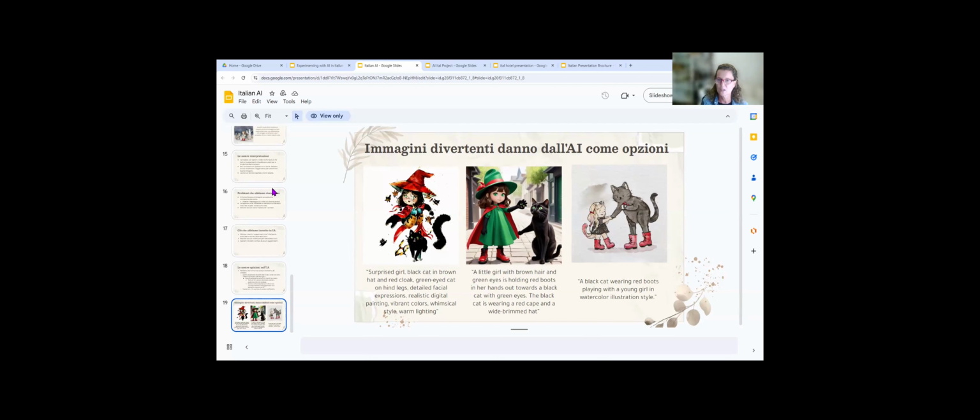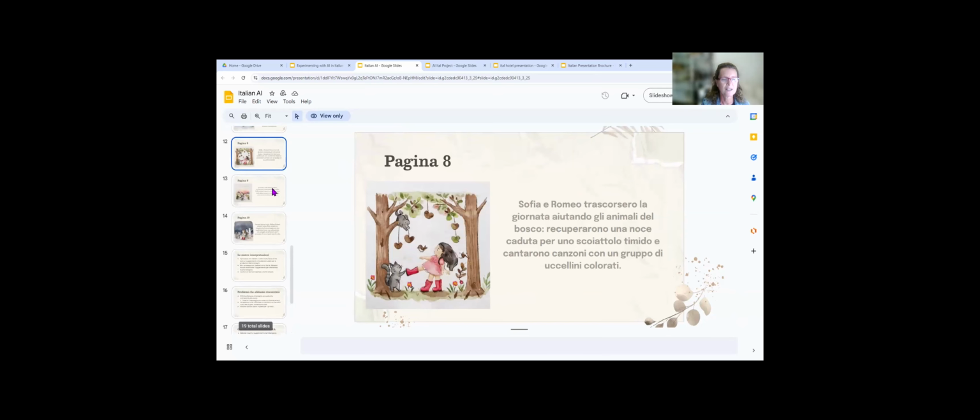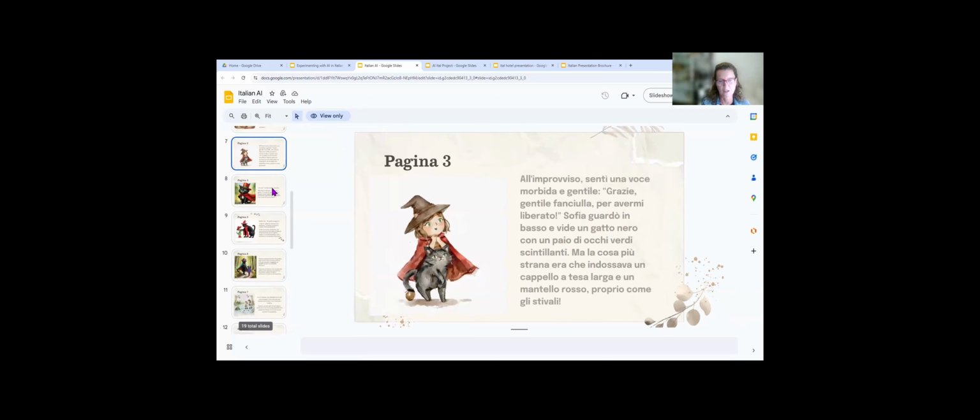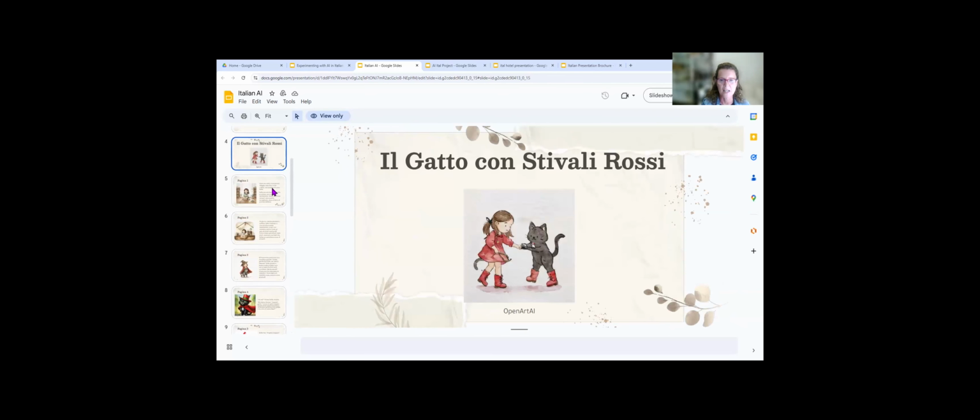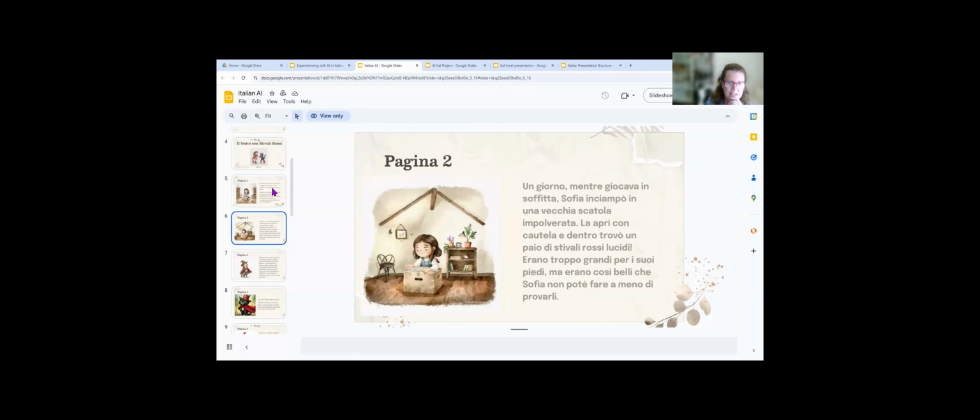And therefore, again, this is what they discussed in their comments in Italian. And you can see that OpenArt here created another girl with a tail at the end. And this is a fine image.